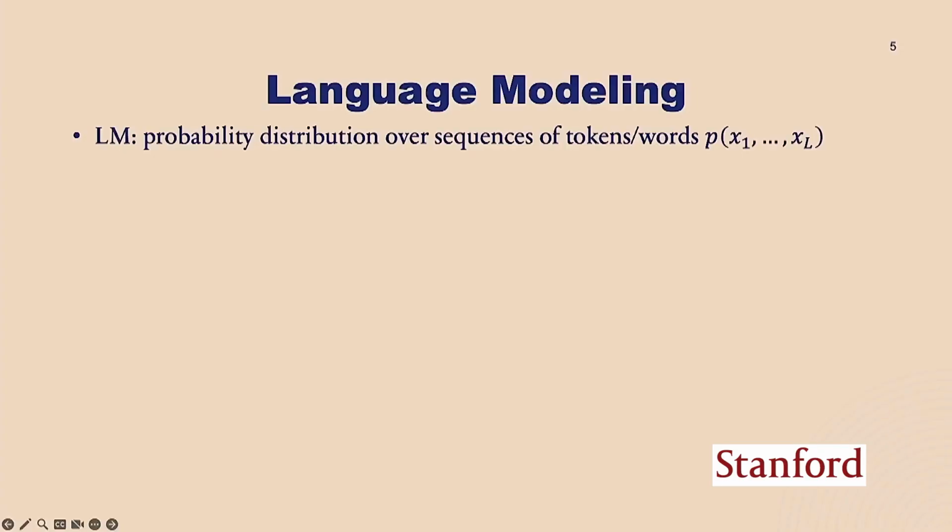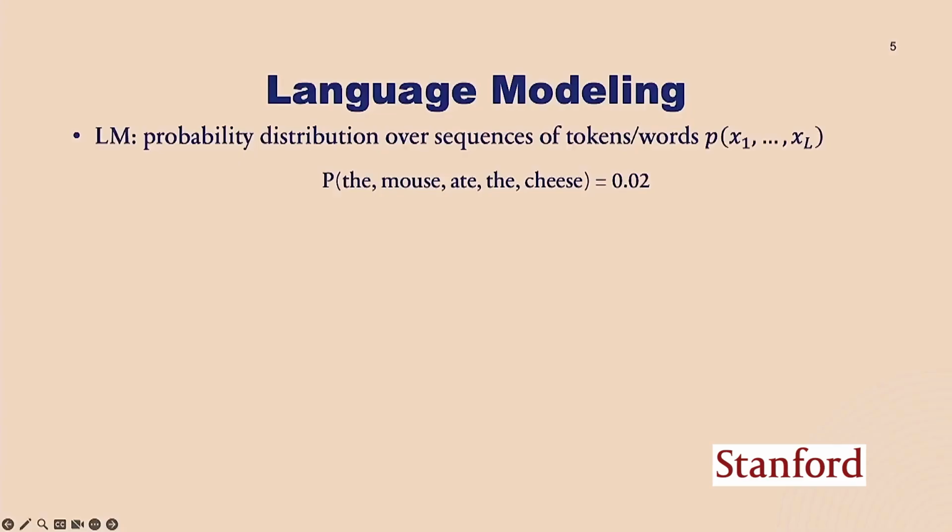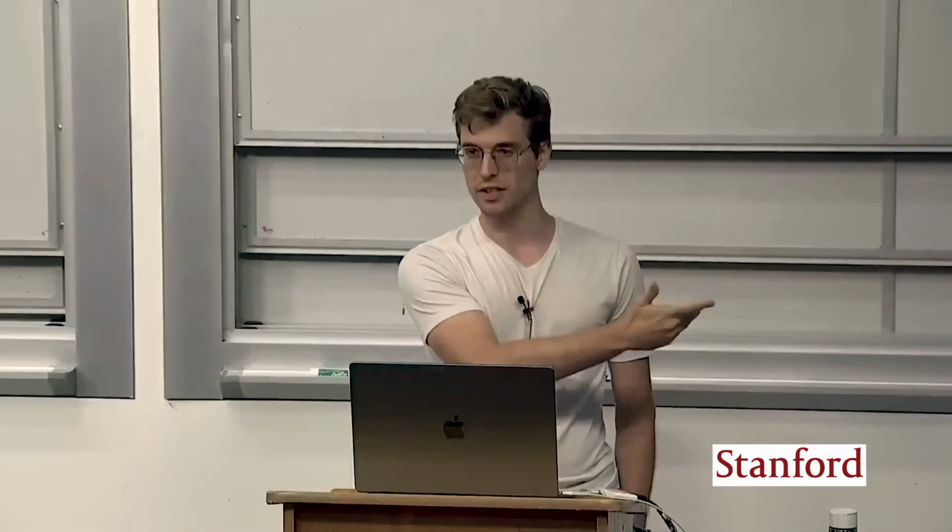Specifically, I'll talk about what the task of pre-training LLMs is and what the loss is that people actually use. So language modeling, this is a quick recap. Language models at a high level are simply models of a probability distribution over sequences of tokens or words. So it's basically some model of P(x1, ..., xL), where x1 is word 1 and xL is the last word in the sequence or sentence. Very concretely, if you have a sentence like "the mouse ate the cheese", what the language model gives you is simply the probability of this sentence being uttered by a human or being found online.